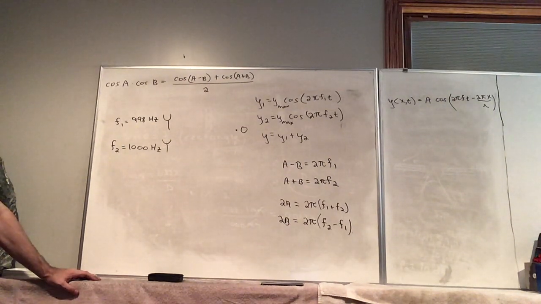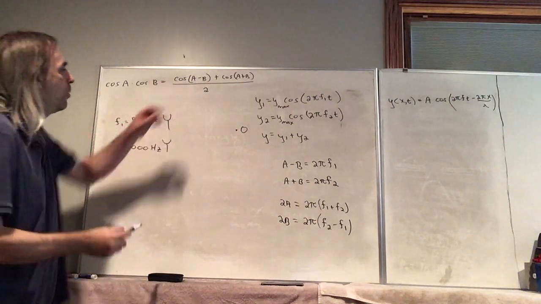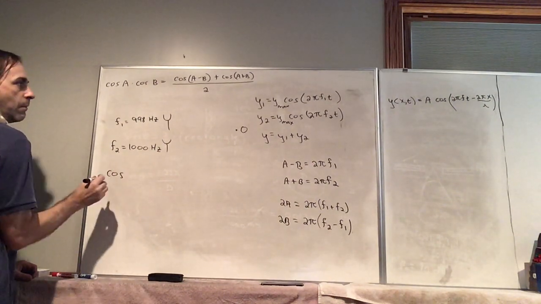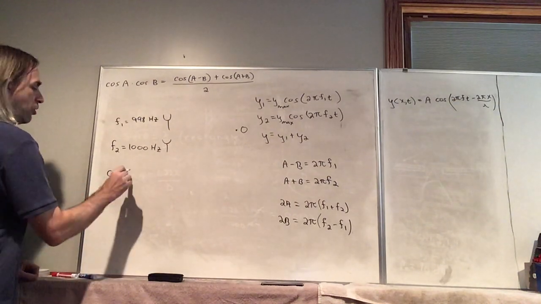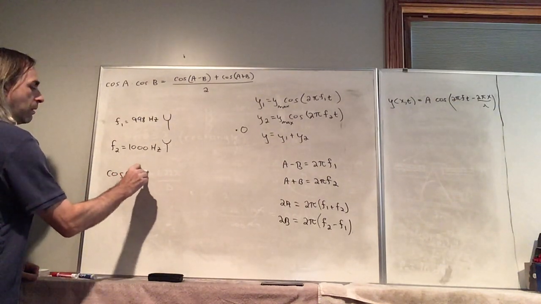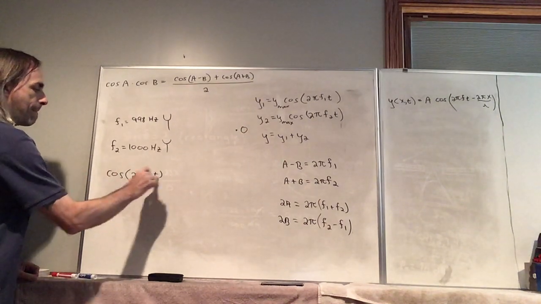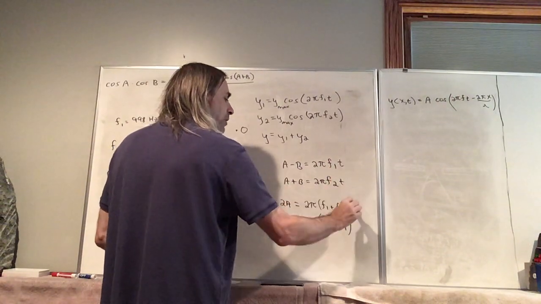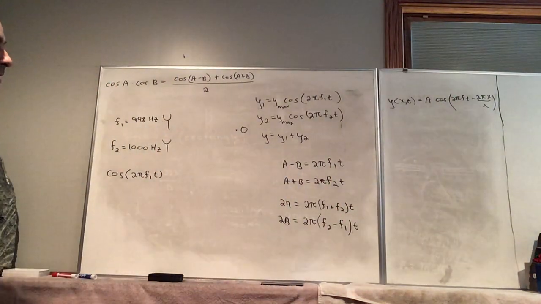Okay, so what we have here, I want to rewrite this. Cosine of A minus B, that's 2 pi f1, and I'm going to put a t at the end of each of these. And it still works if you do that.